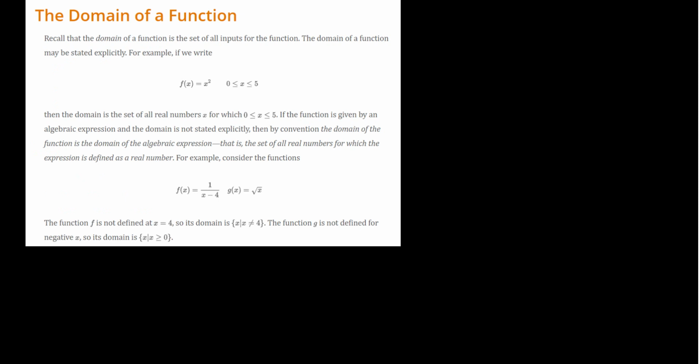Now, why would we want to restrict a domain? Obviously, here in a vacuum in our math classes, we want to restrict domains for fun, right? But in the real world, you might need to restrict domains for other reasons. For instance, let's say we shoot a rocket.